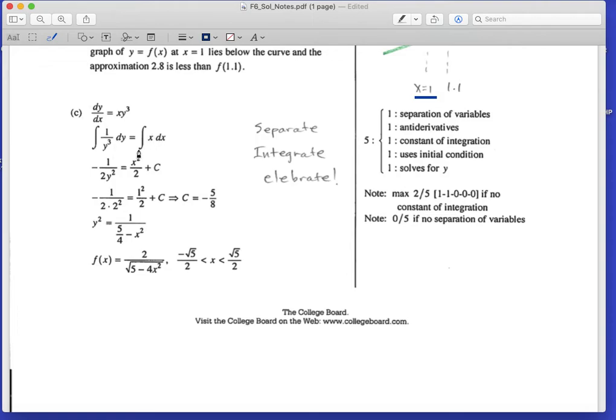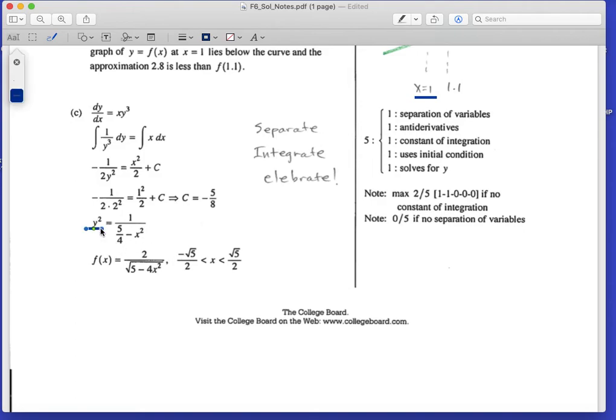You get this expression. They integrate. They kind of included these two steps in one step right here. Find the integral, make sure you put a c on one side. Solve, well, they're using the initial condition to find the value of c, and then they're solving this for y.